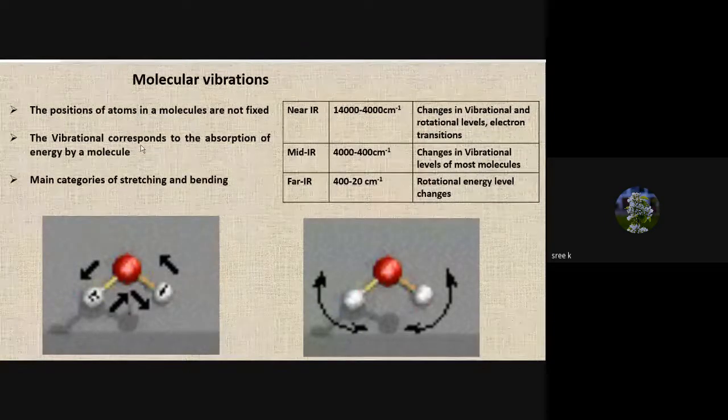So what are the vibration levels of the molecule? There are different types of vibration. One is called stretching. Once you apply the infrared radiation, the molecule goes to a different energy level, an excited level, and there is an excitation and relaxation process that happens continuously.